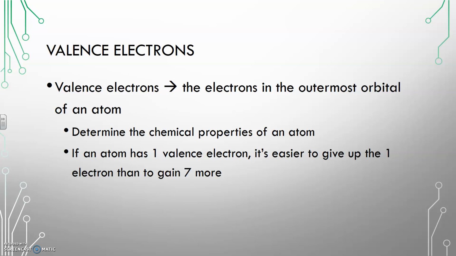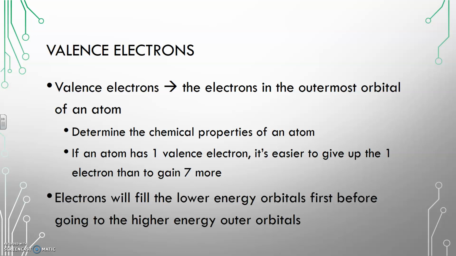So if an atom has one valence electron, it's easier to give up the one electron than it is to gain 7 more. This atom's chemical properties really are determined by its ability to lose that valence electron, and the ease with which it can lose that electron.